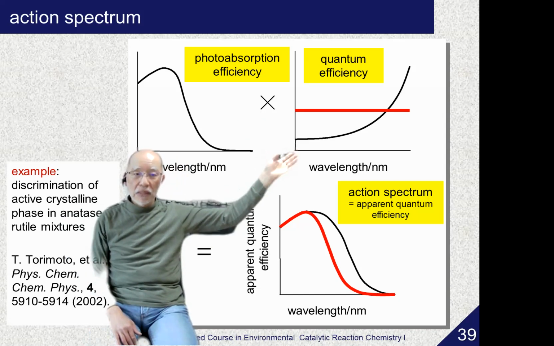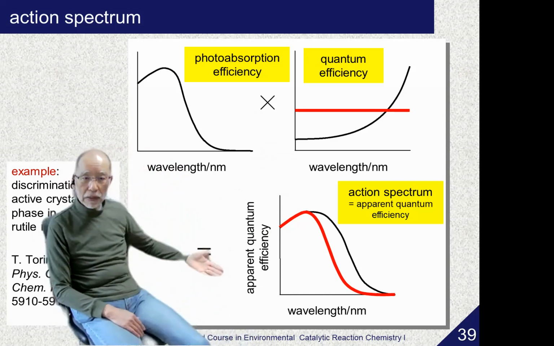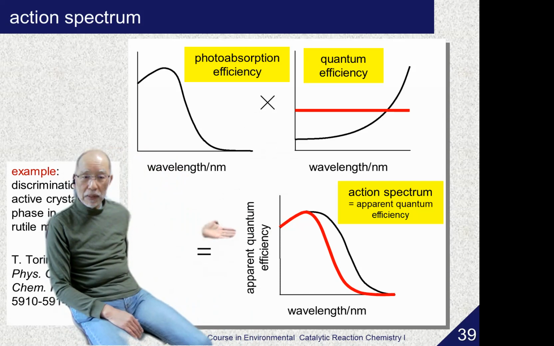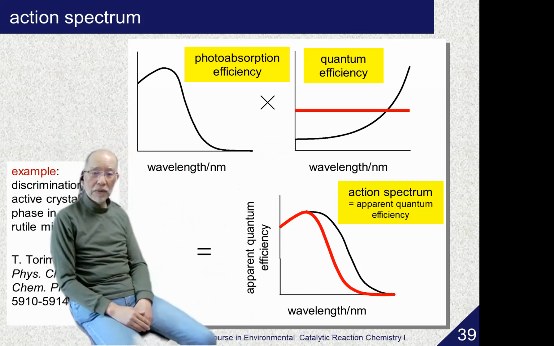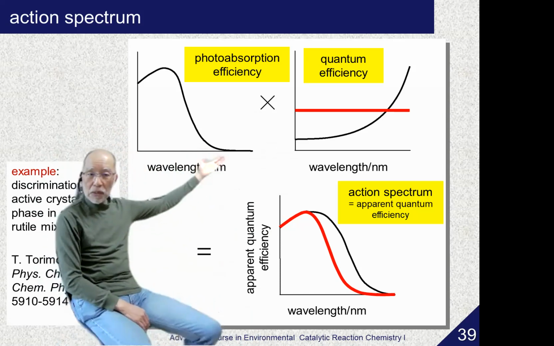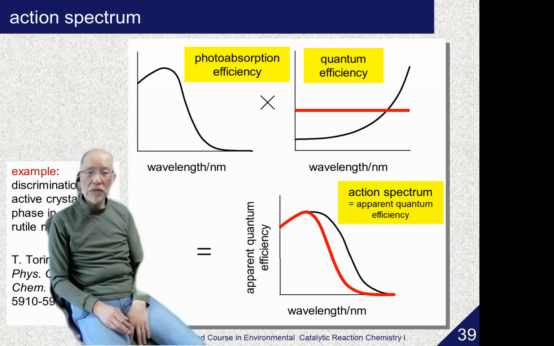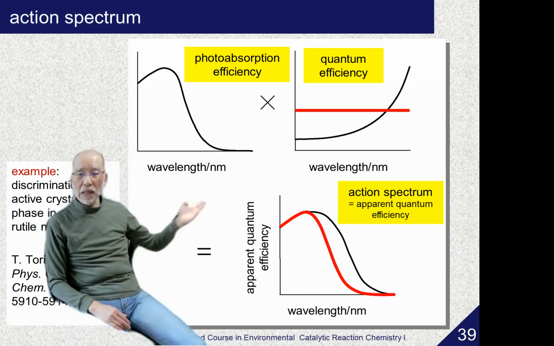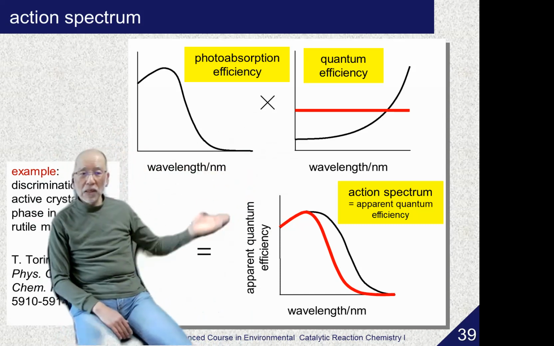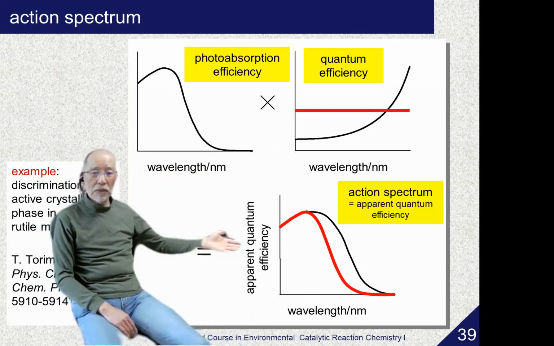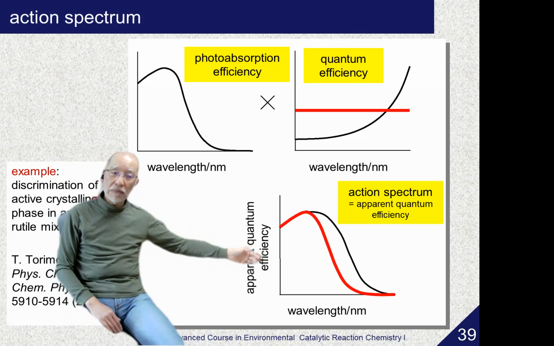In such a case, the action spectrum, the apparent quantum efficiency, has the same shape as the photoabsorption spectrum. If the quantum efficiency is different, meaning the longer the wavelength, the higher the efficiency, then the absorption spectrum is shifted to the longer wavelength side in the action spectrum.